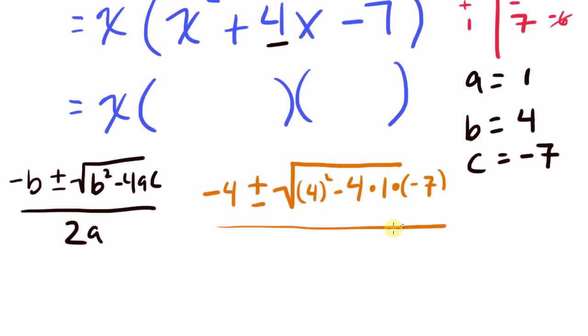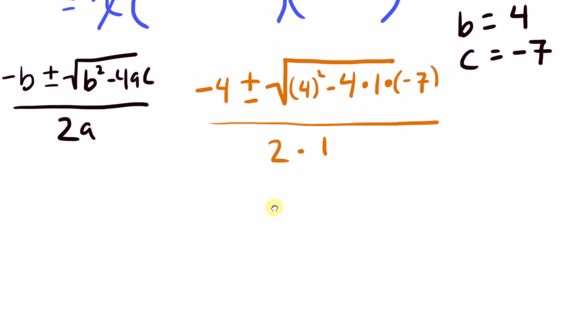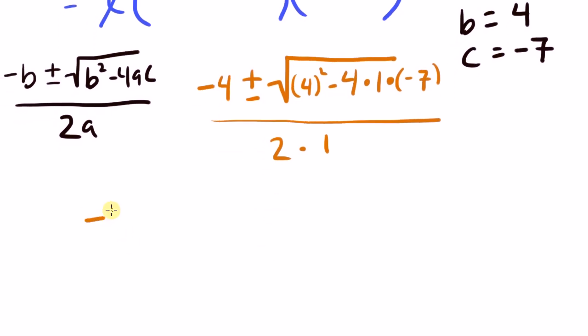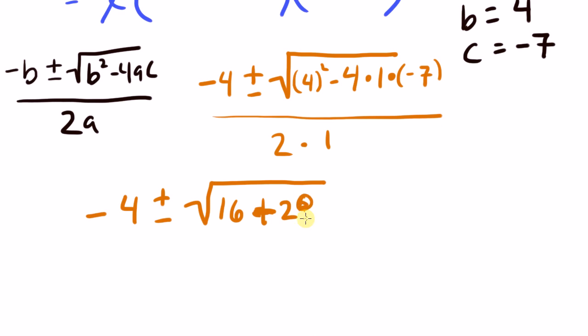Alright, so now we have negative 4 plus or minus the square root of 16 minus what? Or plus maybe, looks like plus. Negative 4 times negative 7 is a positive 28. So this becomes plus 28. Sorry, my pen was acting up. And we're going to divide that by 2.